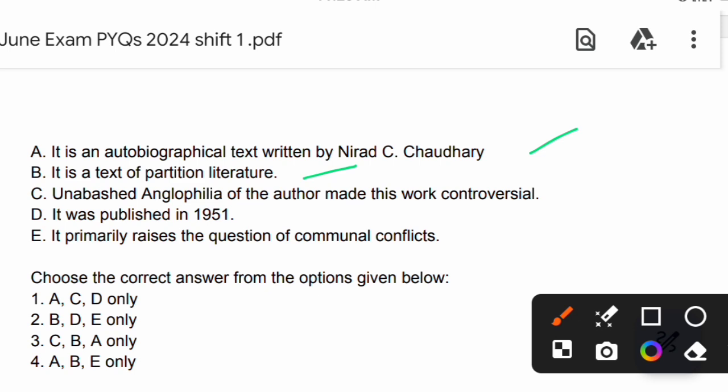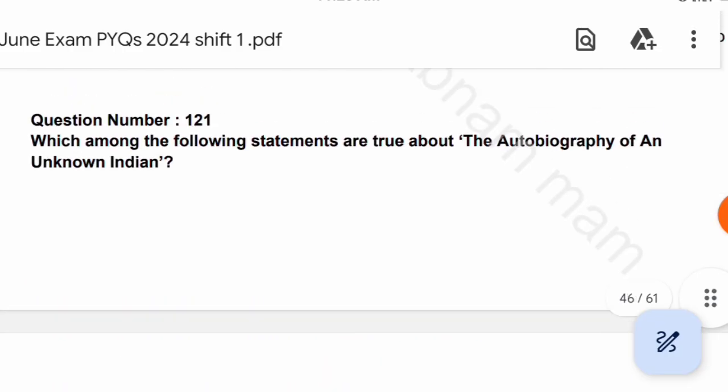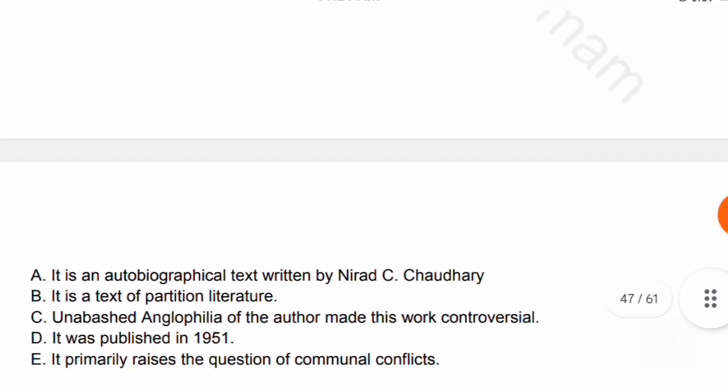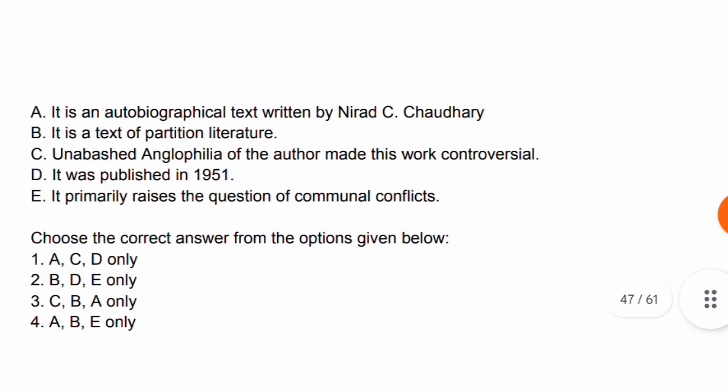Unabashed Anglophilia of the author made this work controversial. It was published in 1951 and it primarily raises the question of communal conflicts. What could be the correct answer? You have to find out the correct statement about the work, the Autobiography of an Unknown Indian. True statement. See the options very carefully.